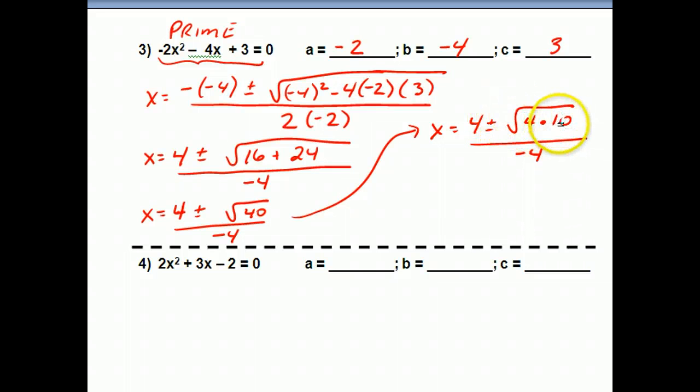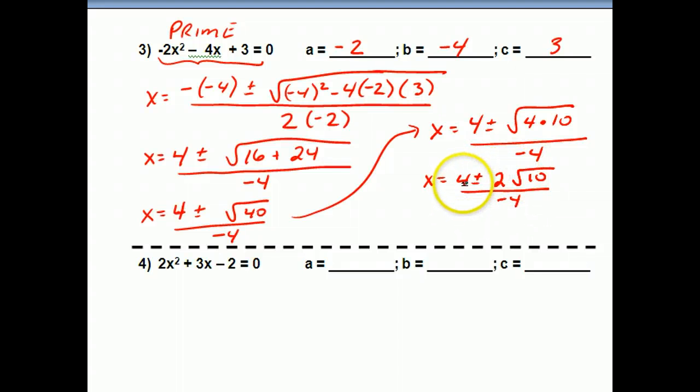The square root of 10 is going to stay underneath, but I can rewrite this as x is equal to 4 plus or minus. Now the square root of 4 is 2, which can come on the outside of my square root sign, and I'm left with square root of 10 there. And that's all over negative 4. Now it's just like the division that we did in the last unit. This minus 4 is the denominator for both of these terms.